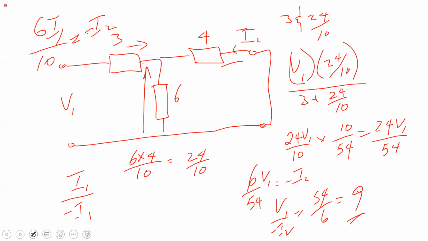So I1 over minus I2 is 10 over 6, which should be 5 over 3. All right, so I will correct this solution and upload it to Schoology. So just draw a line through what I gave you earlier.